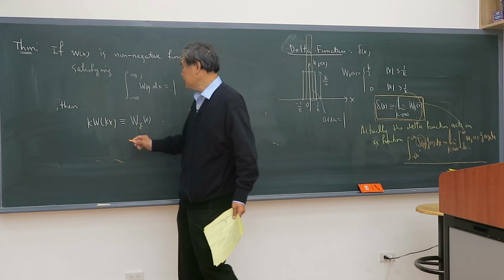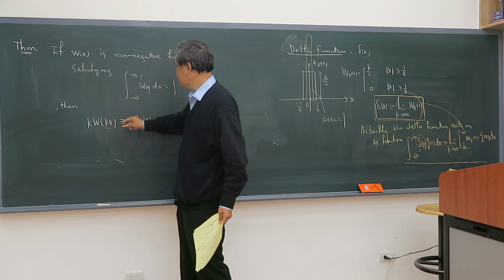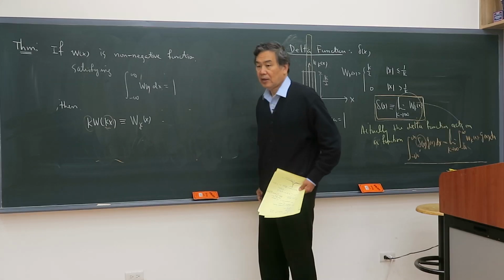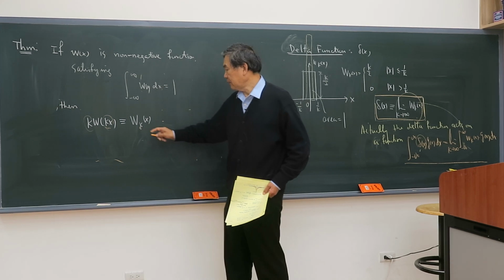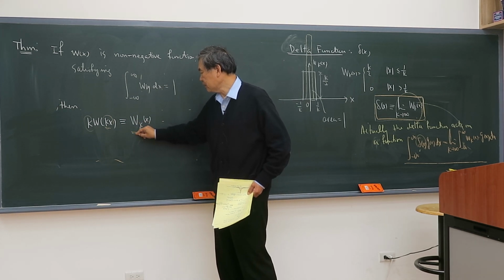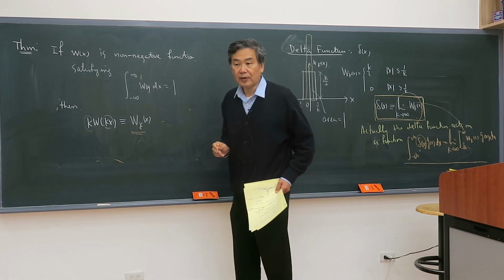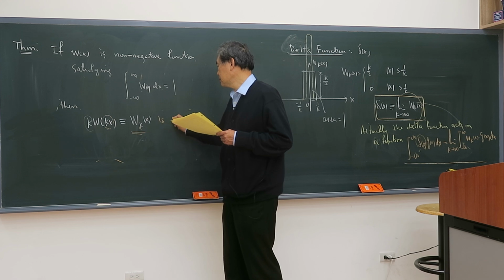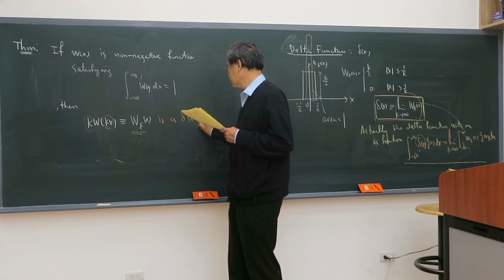So for any non-negative function, I replace the x by kx and multiply by k, and it also has area equal to 1. From this, I define the new function w_k, which is a delta sequence.